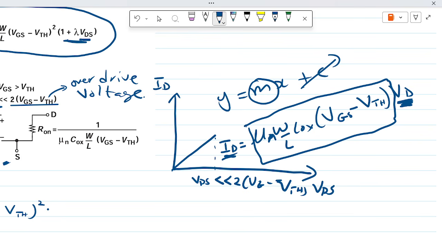But since it is a current-voltage curve rather than a voltage-current curve, the slope is not resistance but 1 over resistance. That means the resistance itself is 1 over all that we have here.